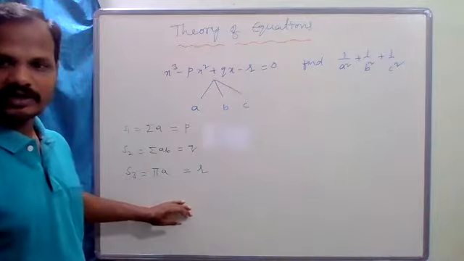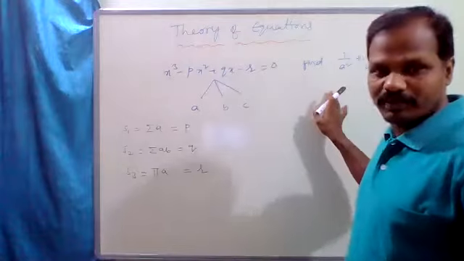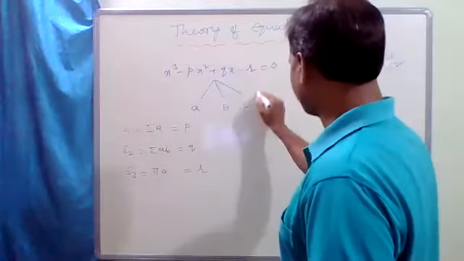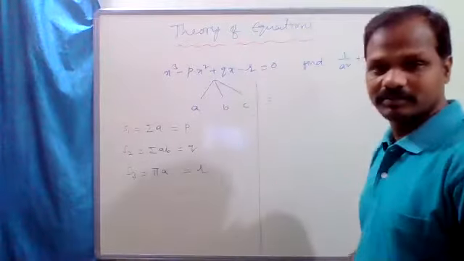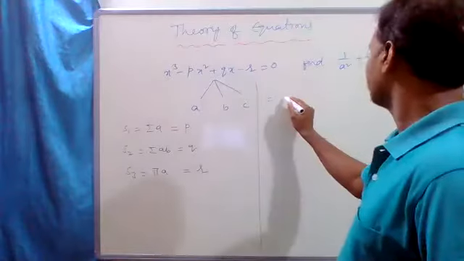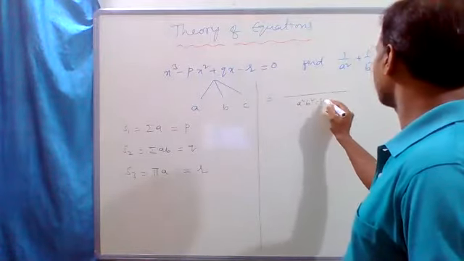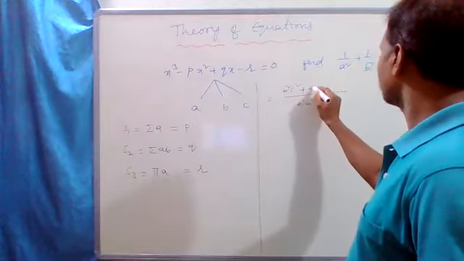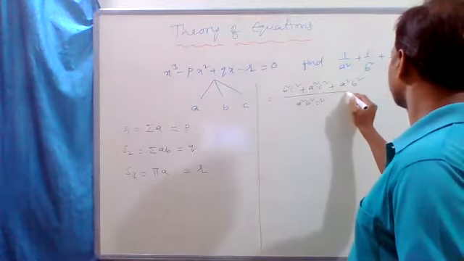So now what you have to find? You have to find this expression. So first of all, simplify this expression. So what is the LCM? The LCM is a square b square c square. Now the numerator is b square c square plus a square c square plus a square b square.